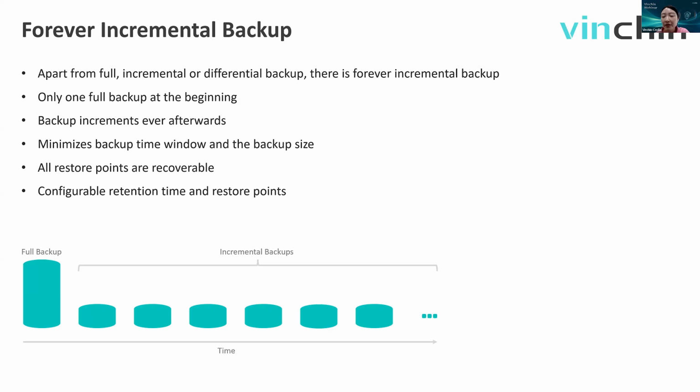When performing forever incremental backup jobs, the backup data size can be minimized, thus saving storage to the greatest level. Besides, because of much less data transmission, it also largely reduces the backup window and the impact on the production environment.